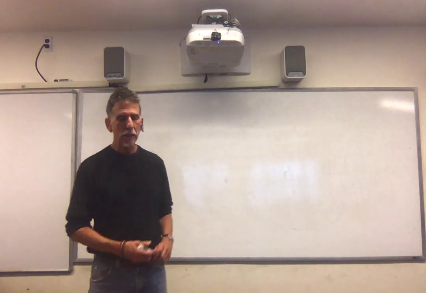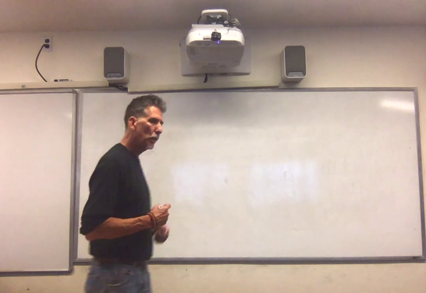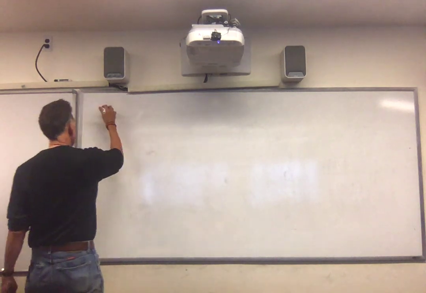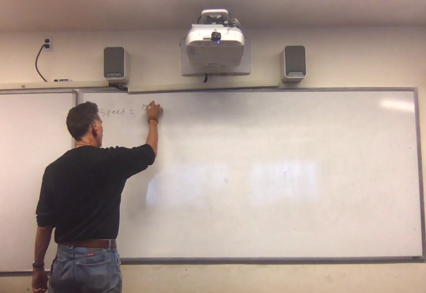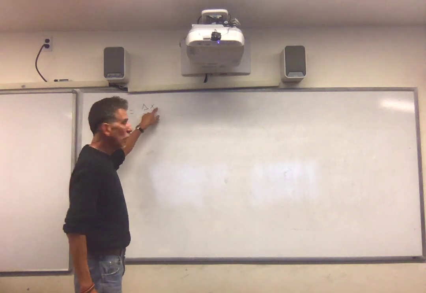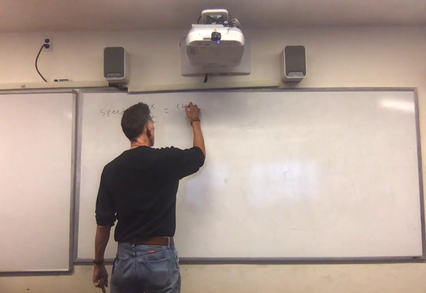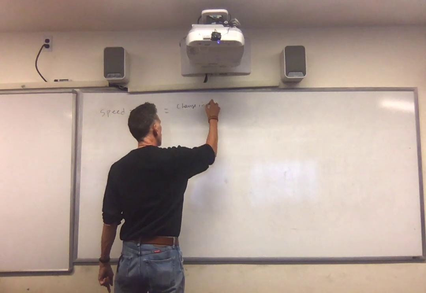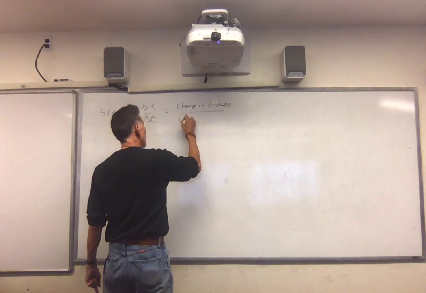All right. In the last lecture, just to review for a second, we spoke about the concept of speed, and we said it was a delta x over a delta t. Remember, delta is change in, x was a distance, so we said this was a change in distance divided by a change in time.